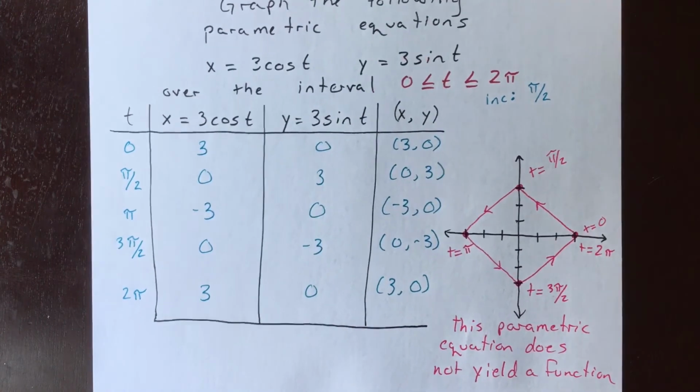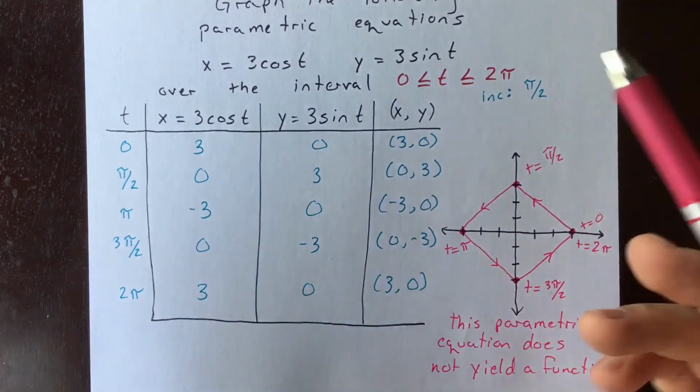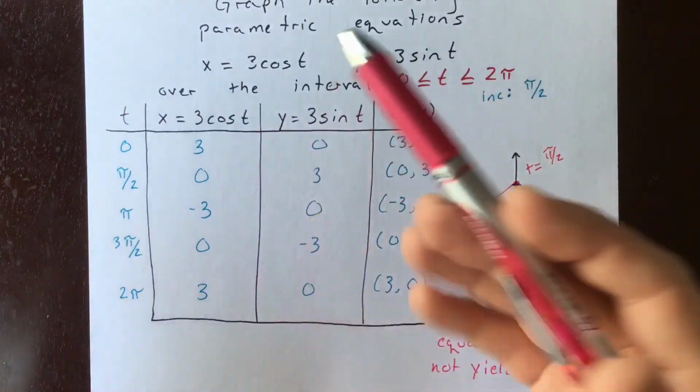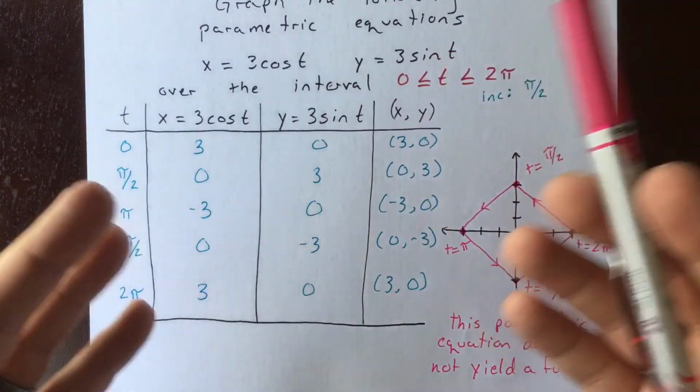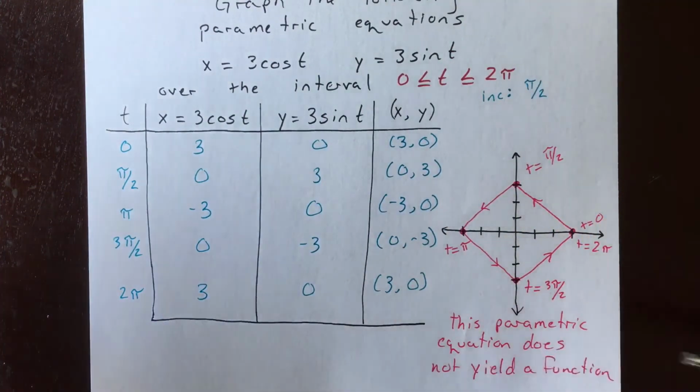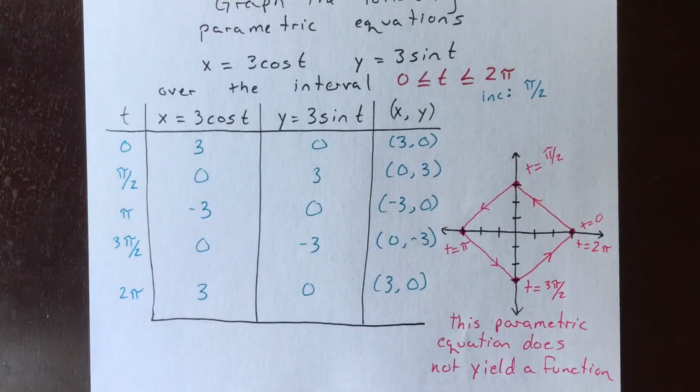So I want to end with asking this question, because we are going to explore more of this, x equals cosine of t, y equals sine of t, and maybe the values in front will change. So what do you think would happen if this increment, say that we had pi over 2, decreased to, say, pi over 3 or to pi over 4?